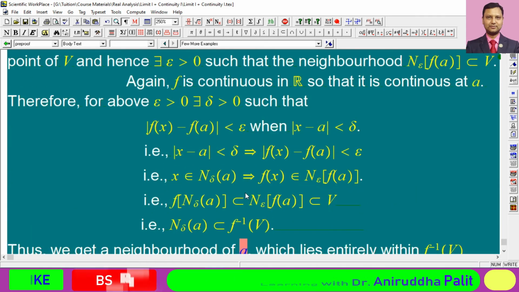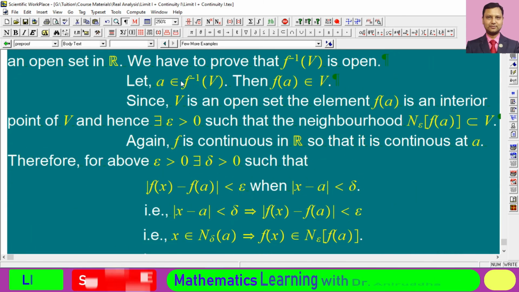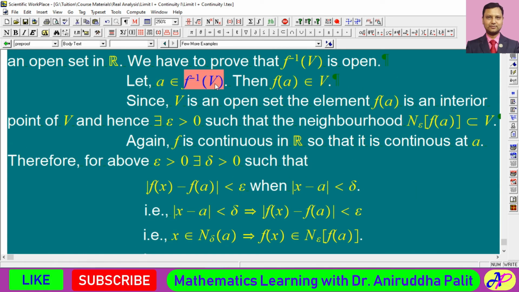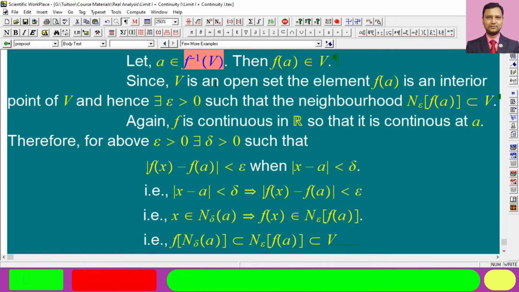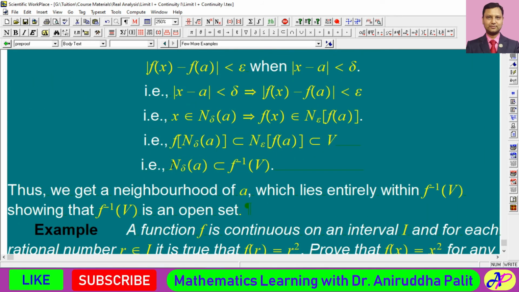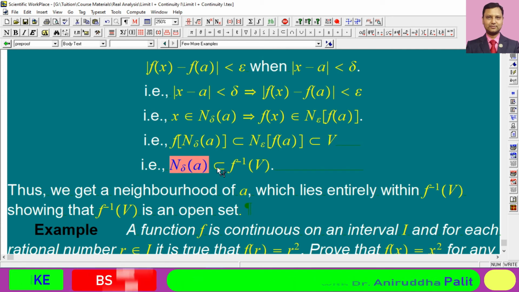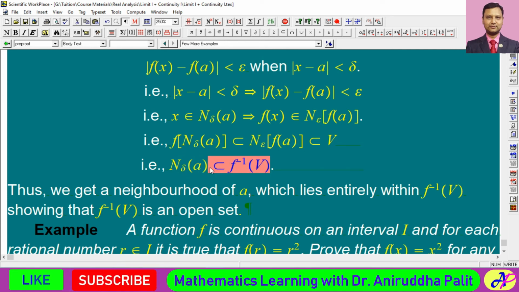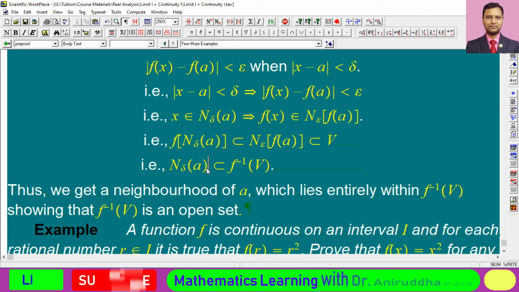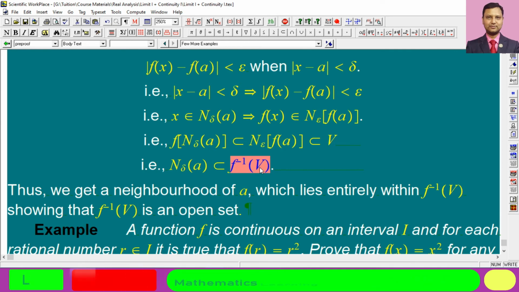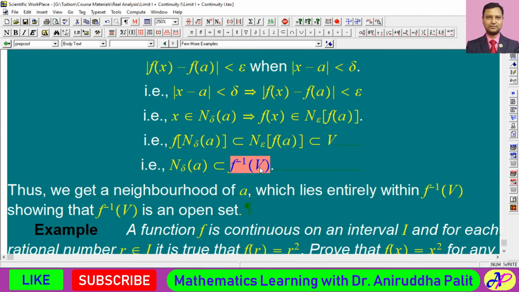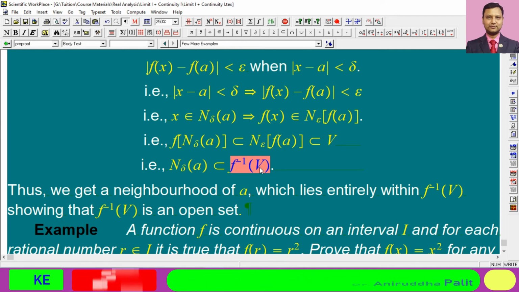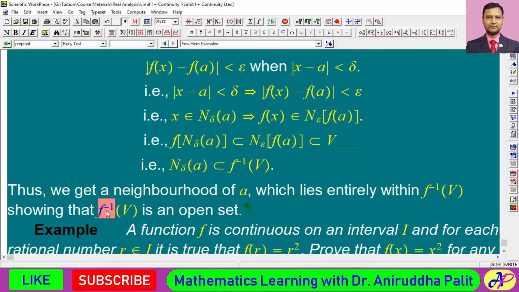A was a member of f inverse V, এবং আলটিমেটলি আমরা একটা delta neighborhood of A খুঁজে পাচ্ছি, which is actually a subset of this f inverse V. Therefore A is an interior point of this f inverse V, and so we can say that each and every element of this f inverse V is an interior point, and so this f inverse V is an open set.